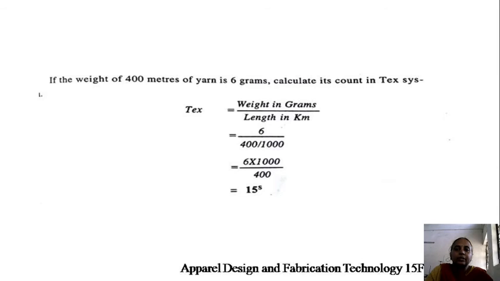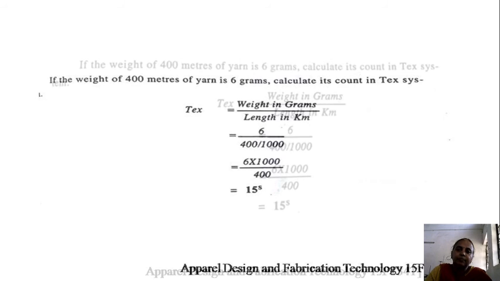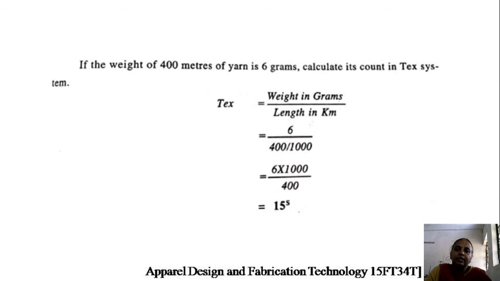You have to convert into kilometers, so 400 divided by 1000. This equals 6 into 1000 divided by 400, and after calculation you get 15 tex. Same here, the weight is 6 and the meters is 400.